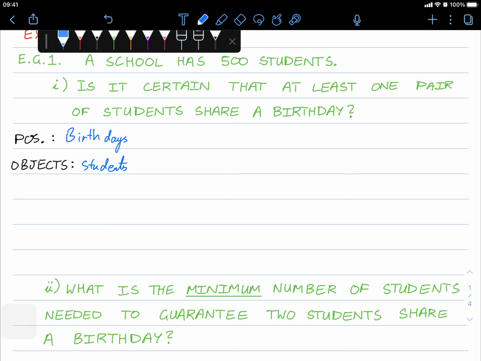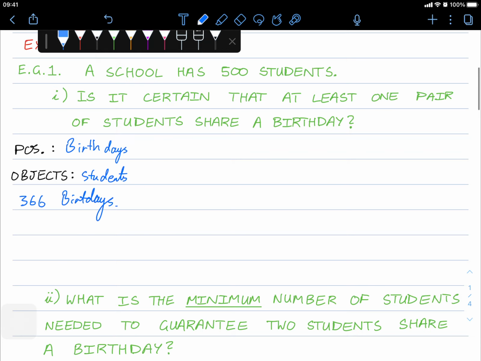Some might say that there are 365 different birthdays, but it's actually possible to be born on a leap day. So there's actually 366 birthdays. According to the pigeonhole principle, we only need 367, n plus 1, students.